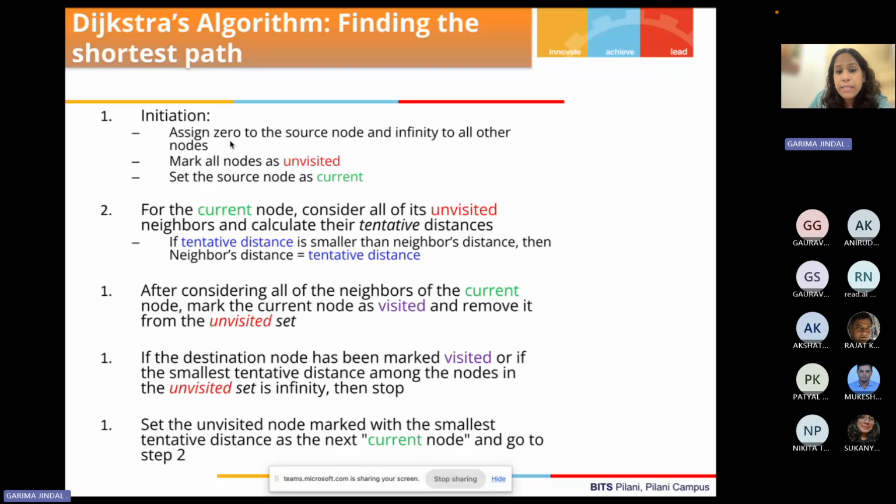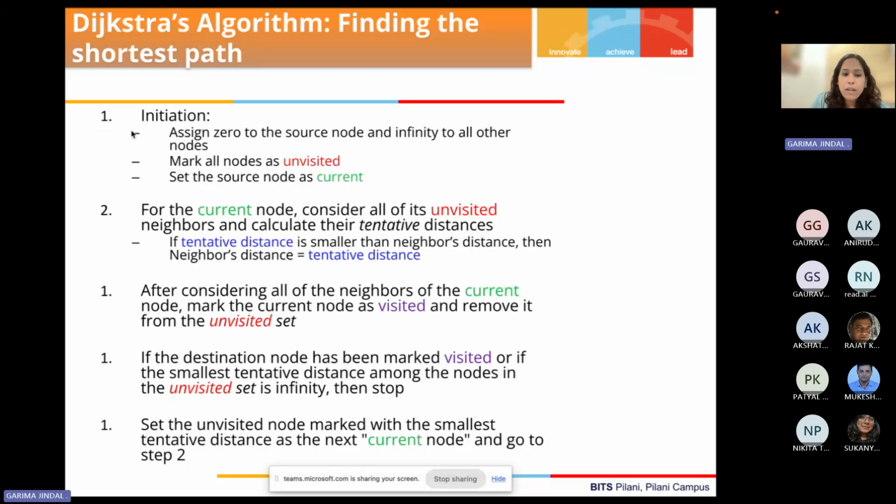Okay, so first, how will we initialize our network? We will assign 0 to the source node. The source node is the one from where you want to identify the shortest path to all the other nodes. So you will initialize that source node with 0. This is very important whenever you are starting this algorithm. Whatever your source node is, you will initialize it with 0, and you will initialize infinity to all the other nodes.